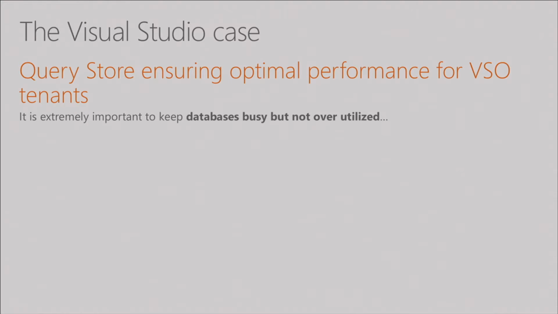In every database, depending on the region, they have a very large number of tenants working against the same database. It's very important for them to keep their databases busy, to have a business that is running well, right? But at the same time, those databases must not be overutilized. So they are operating at a very critical margin.